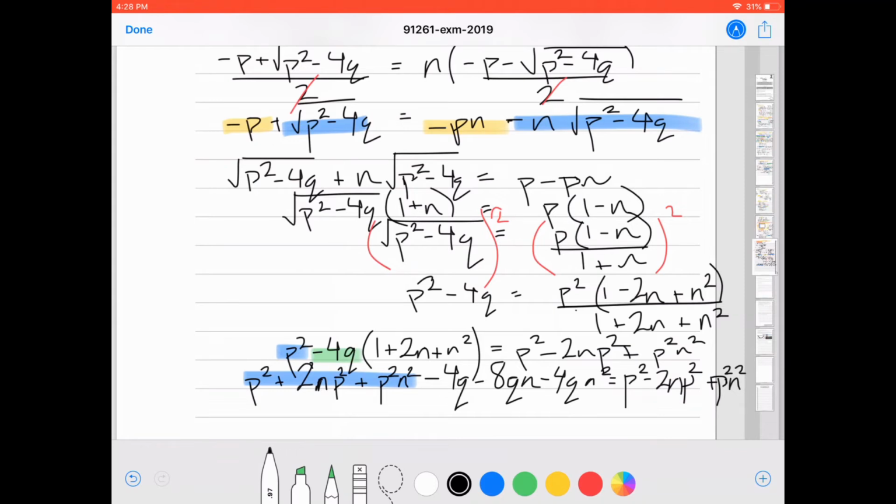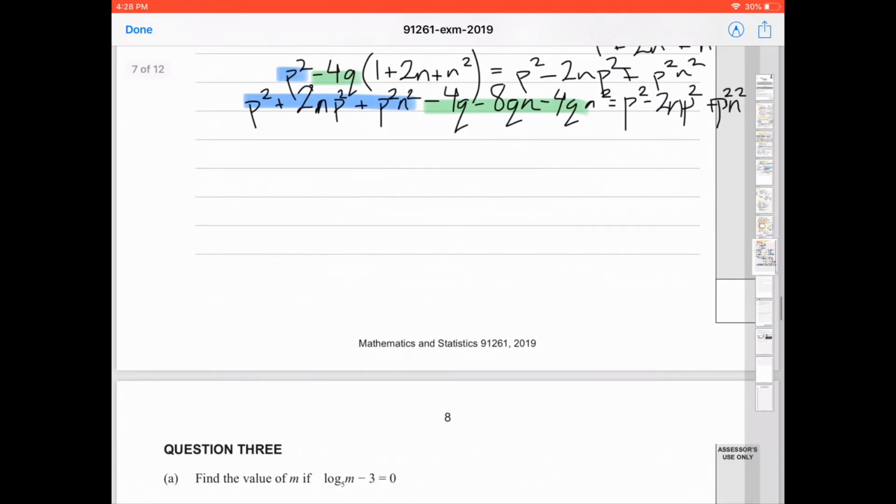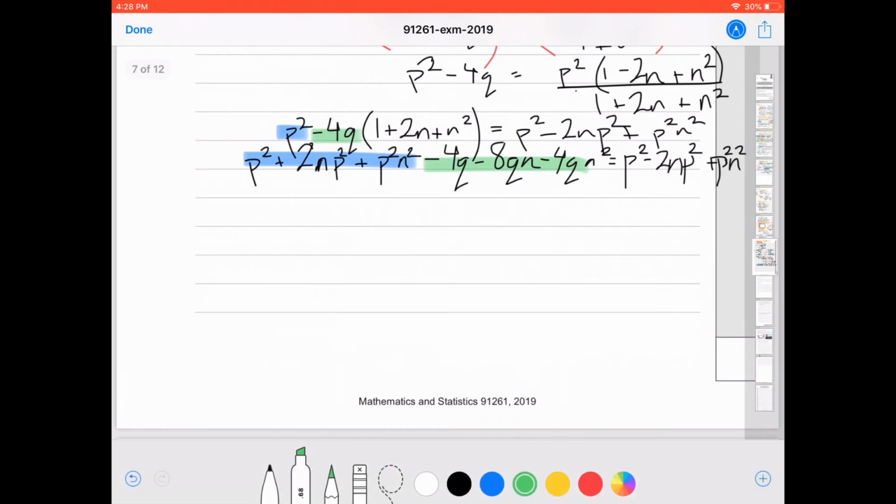Okay, and illustrating this is our 4q answers. Obviously our right hand side has remained unchanged. So we're just continuing on.